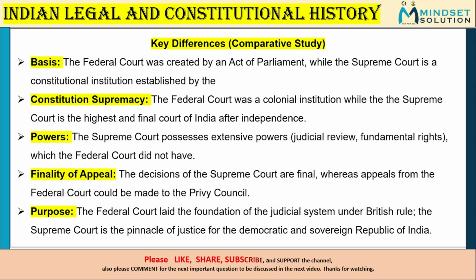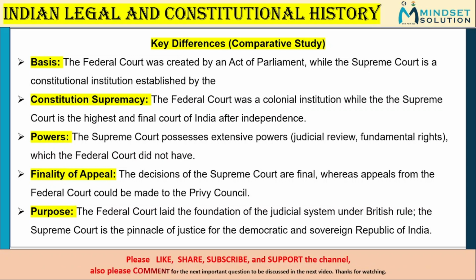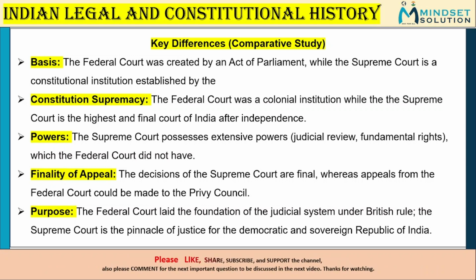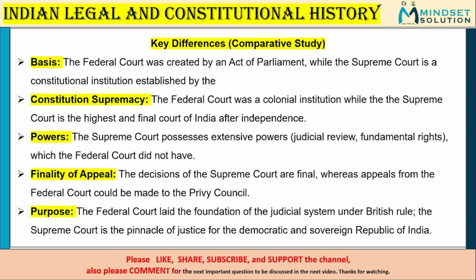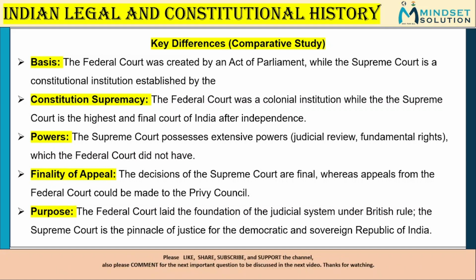So you have many stages in the Indian system, with the Supreme Court as the last option to get the final decision. But under the Federal Court, you have to go to the London Privy Council for appeals. You don't have any court to appeal to in India.